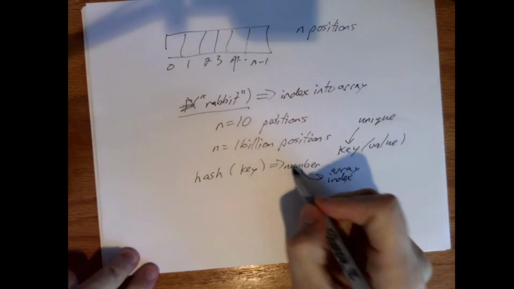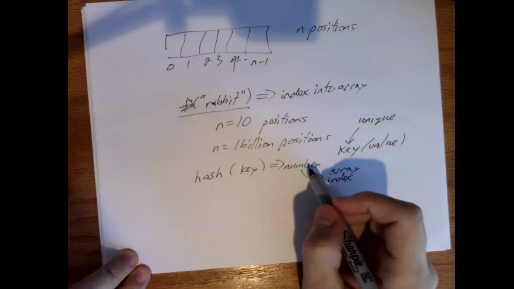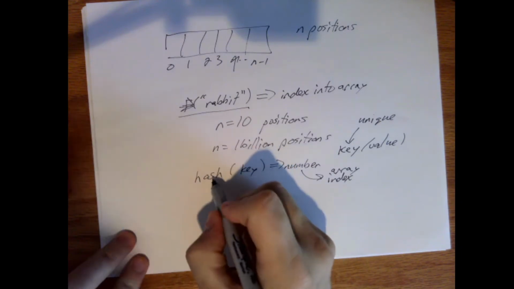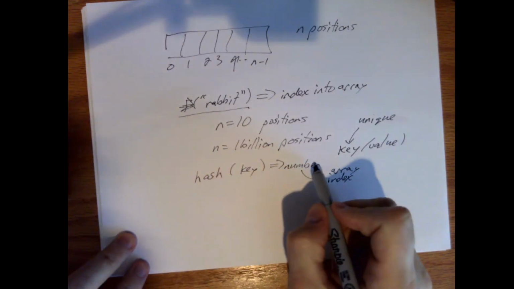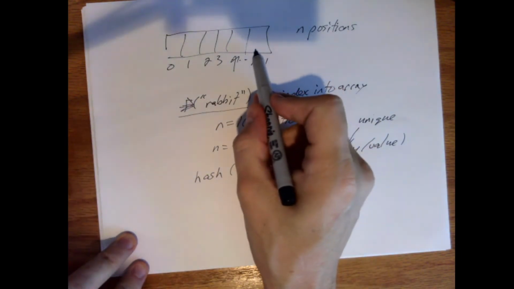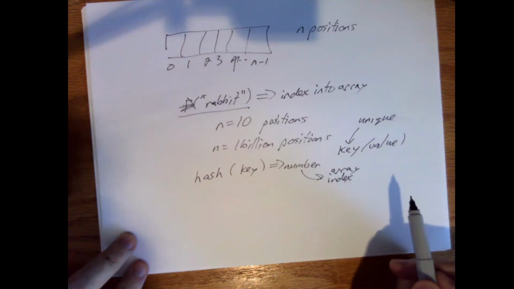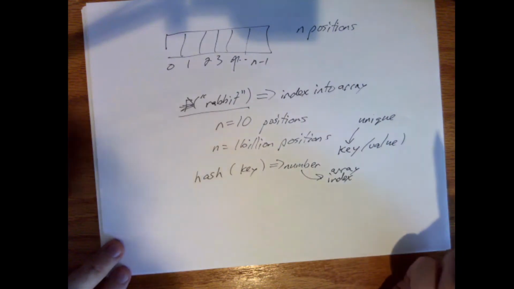Well, this is what I meant by we get this number, but as we can see there, at least for that hash function, it generates numbers much bigger than I can have array indices. And in fact, it's probably not even tied to the size of the array. So what do I do about it?